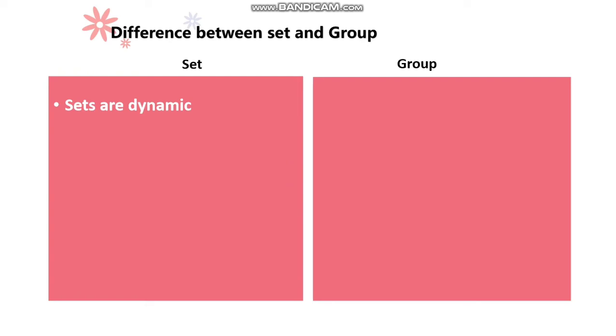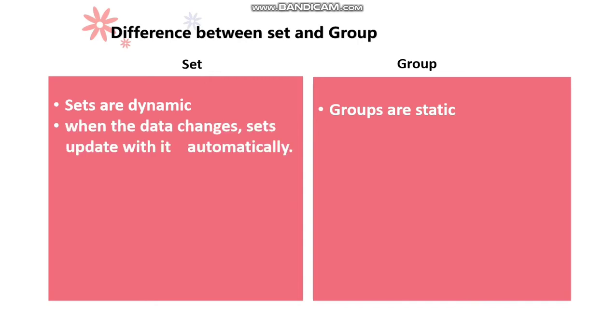Sets are dynamic, whereas groups are static. You can create dynamic sets based on conditions. When the data changes, sets update with it automatically, whereas groups won't update automatically.